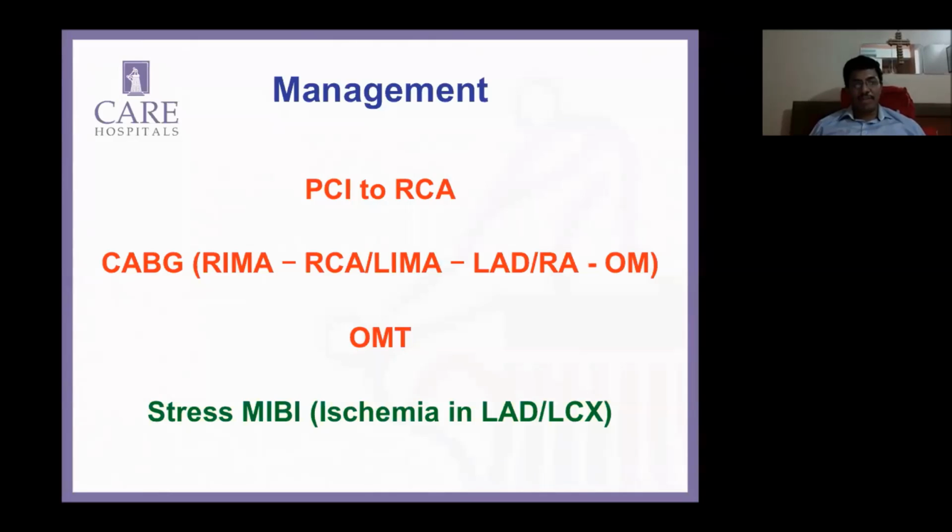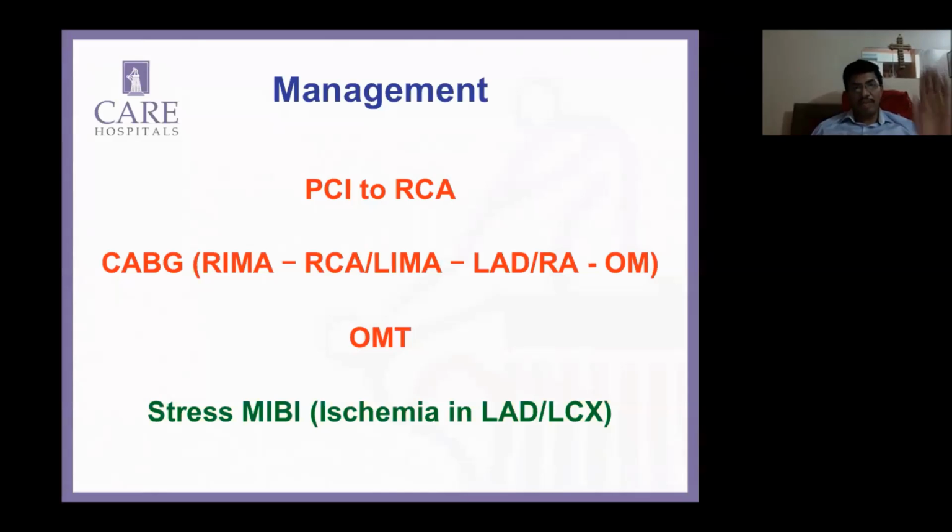But the run-of-the-mill cases I get are, again as you said, in the 25 to 40 range, many of them completely asymptomatic. And I have 15 of these patients who have a true malignant course of RCA coming off from the left sinus, snaking around interarterial and supplying the right side.